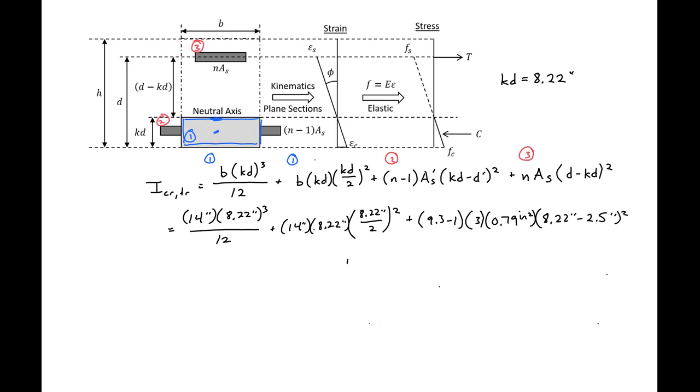And then our last component, our AS 9.3 times 3 number 11 bars times D, 18.3 minus 8.22 squared. And this will give us an I cracked transformed equal to 9,132 inches to the fourth.